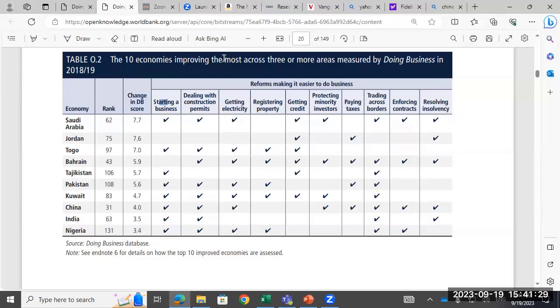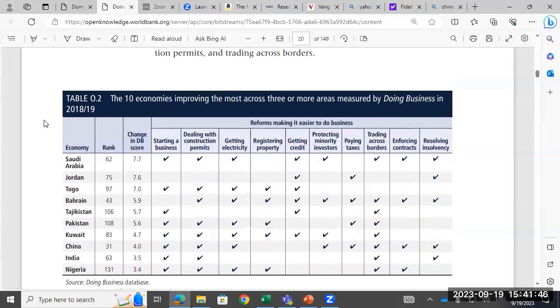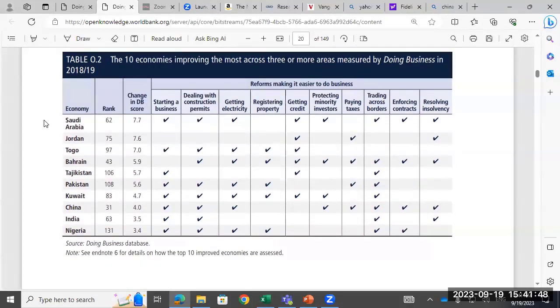And the 10 economies improving the most, here's the 10 they show. There are some interesting opportunities in there, Bahrain, Pakistan, some of these may not have done well the last 2 years. But that's what you're after, that improvement. You're not just looking for the greatest that's going to stay up there. You want the firms that are moving up.